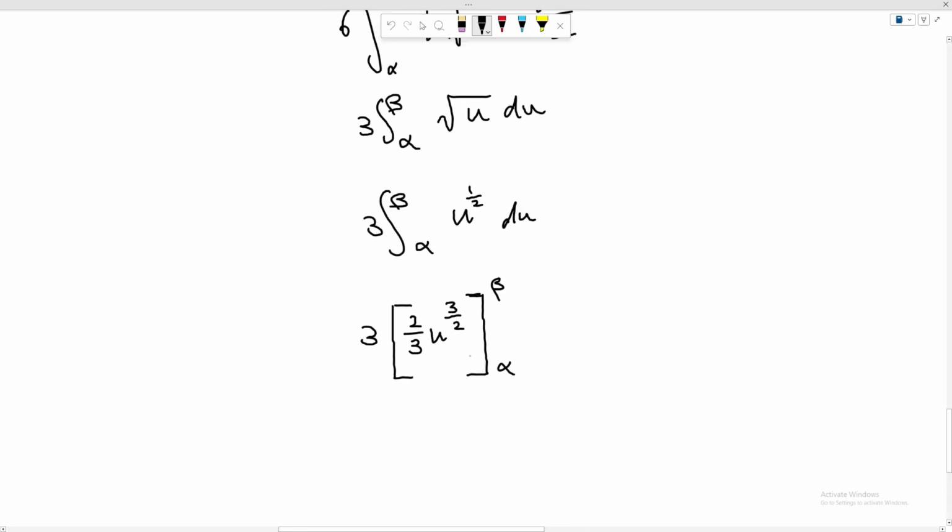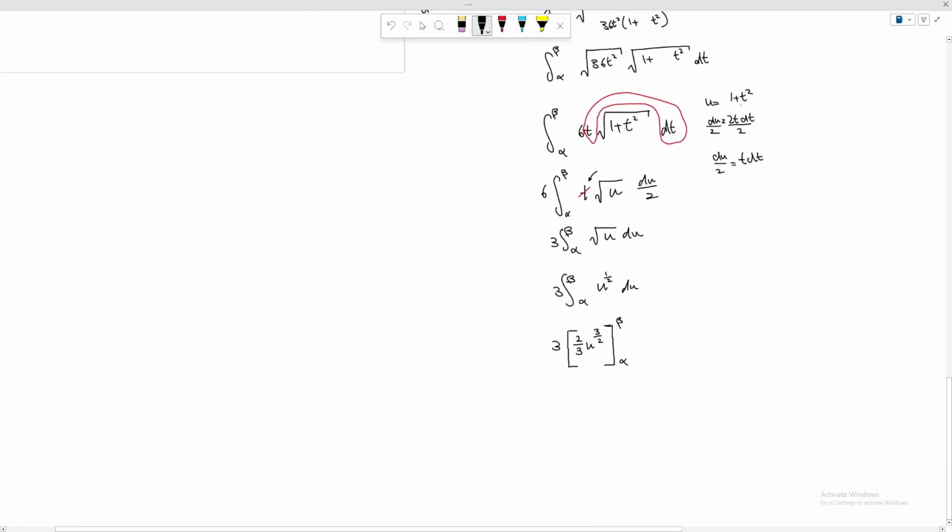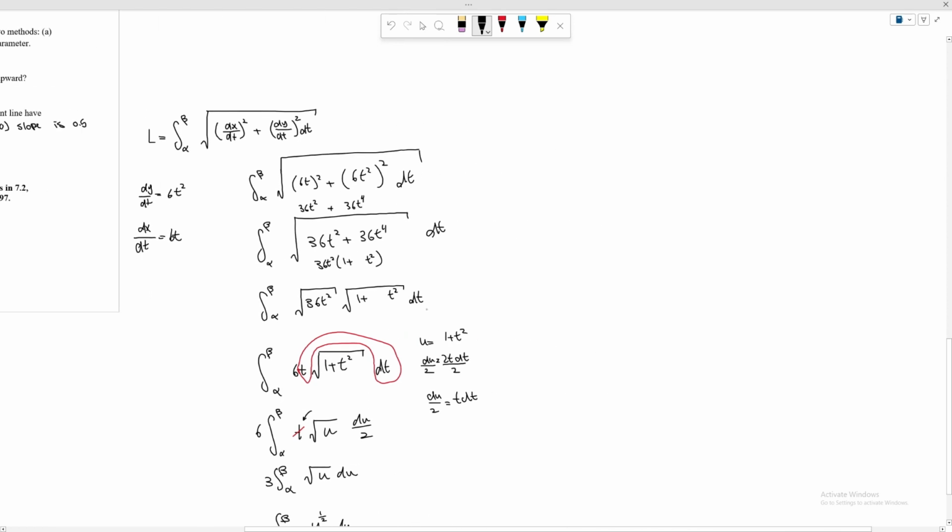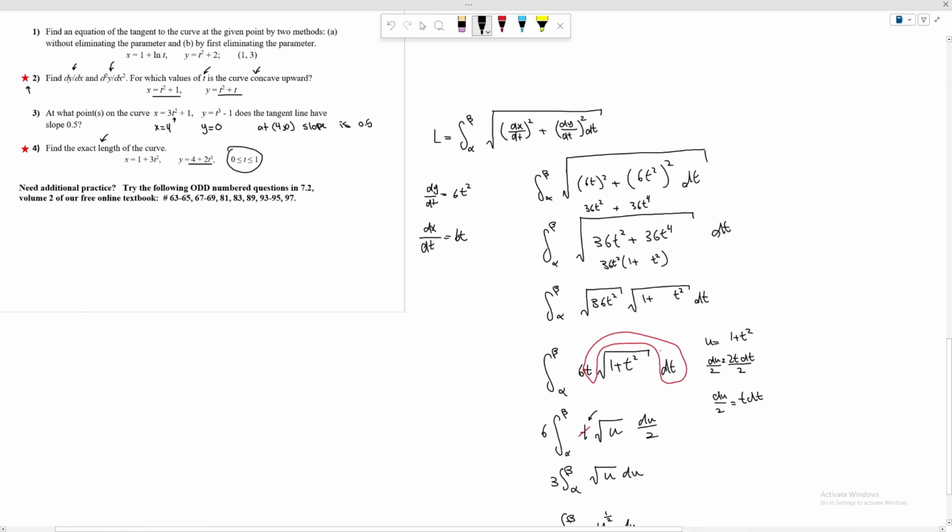And the question is, don't forget to resub your 1 plus t squared, or we can put this in terms of this. So what we can say, we can sub in 0 in this equation. So we'll get u equals 1 plus 0 squared, which is u equals 1. That's our first.